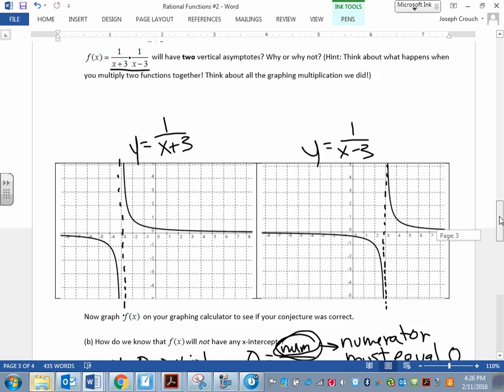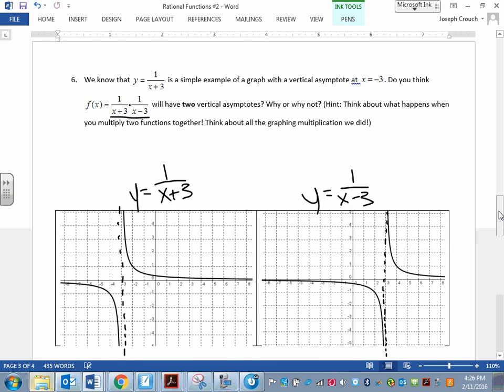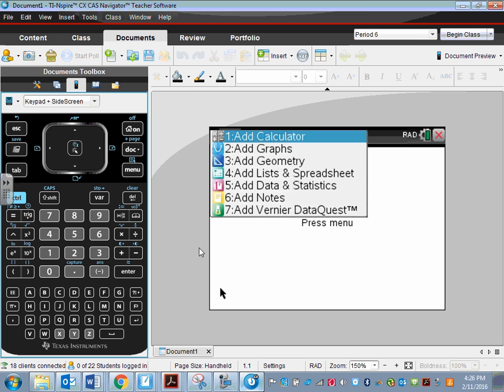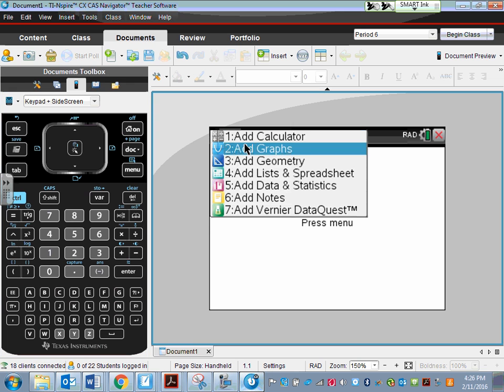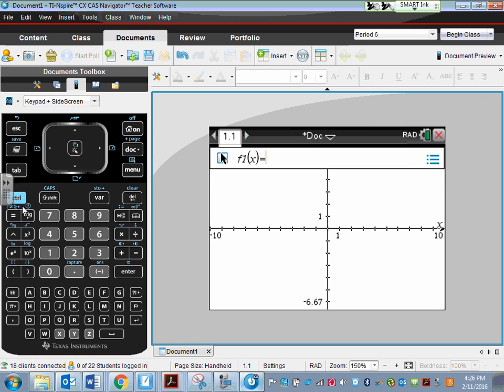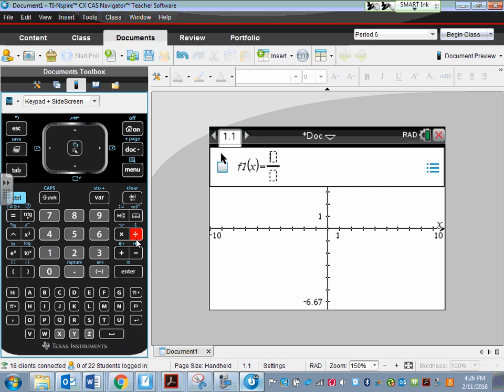So look back here at this graph, this equation right here. Ooh, maybe my graph's open. Oh, fantastic. Let's look at the graph first. All right, I'm going to put it in. It's 1 over x minus 3 times 1.